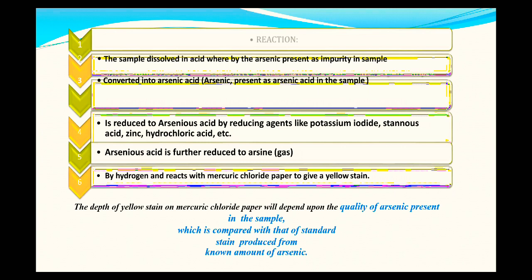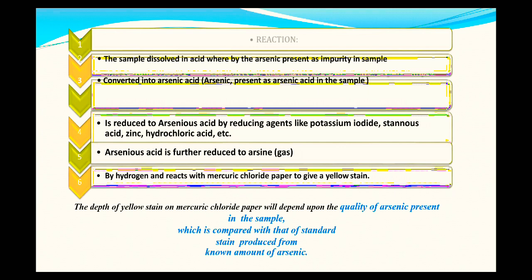This is how the procedure is. The depth of yellow stain on mercuric chloride paper will depend upon the quantity of arsenic present in the sample, which is compared with that of standard stain produced by a known amount of arsenic.